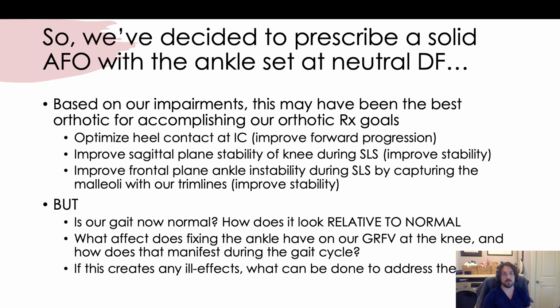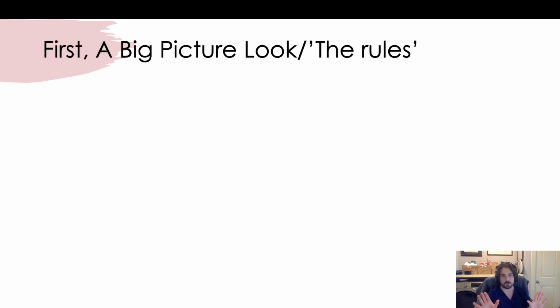So before we get into the details, I'm going to give you guys just kind of the big picture look at the whole puzzle. The general rules for orthotic prescription. If you just memorize these things, then you'll likely get by on most multiple choice tests.